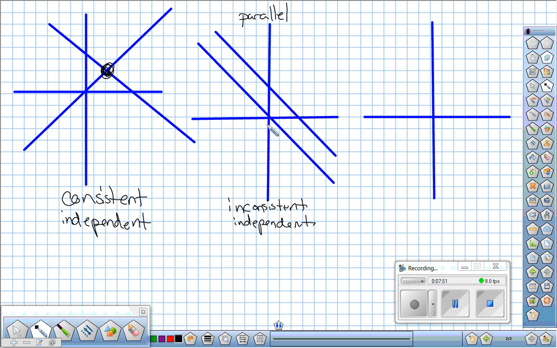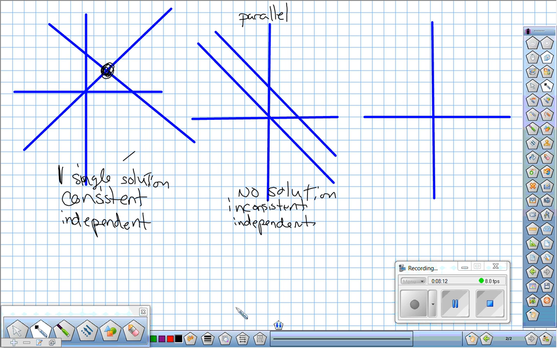So these will never cross, and there is no solution whatsoever for these. If I was asked to find a solution, I would say no solution. And over here, I only have a single solution, which basically just means that you can find it.